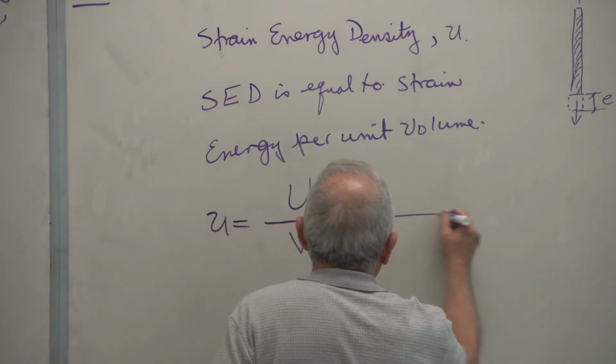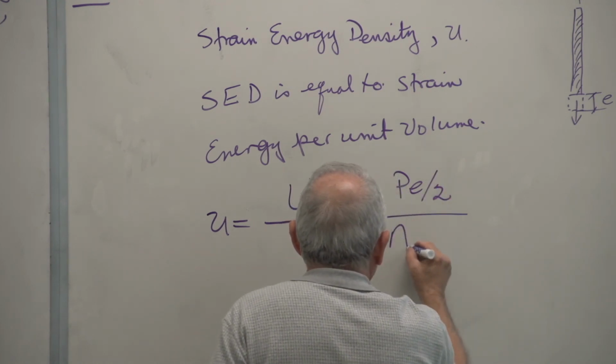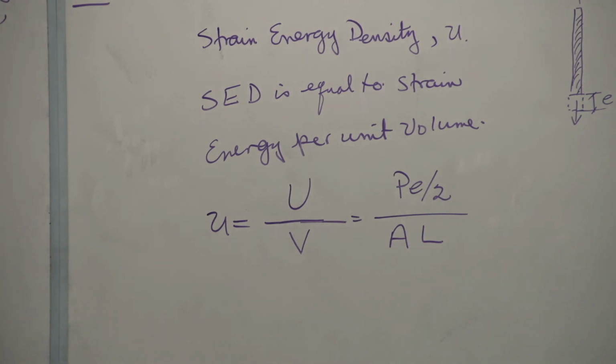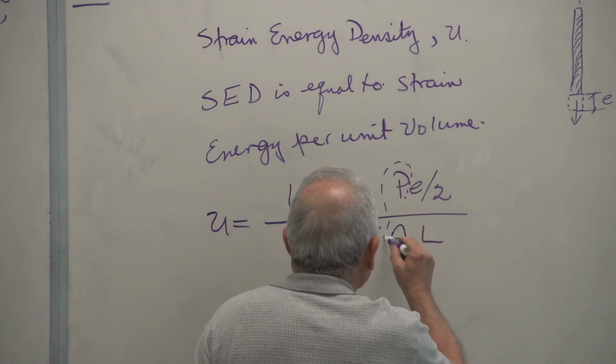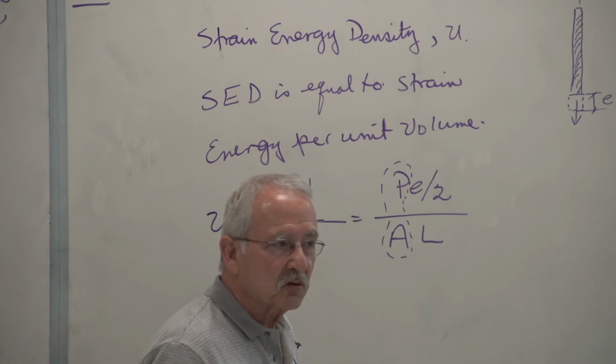U is PE over 2. Volume, assuming that the length and the cross-sectional area remain constants, is that. Then P divided by A will give you the stress.